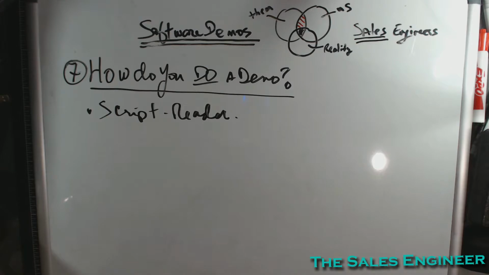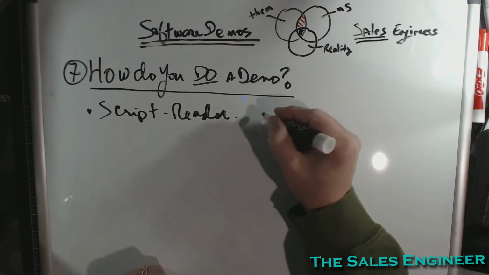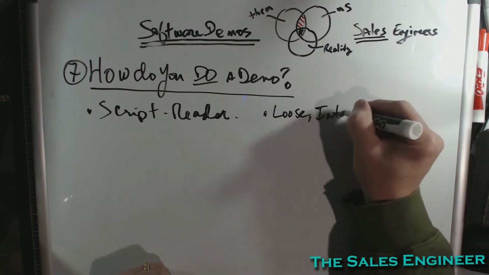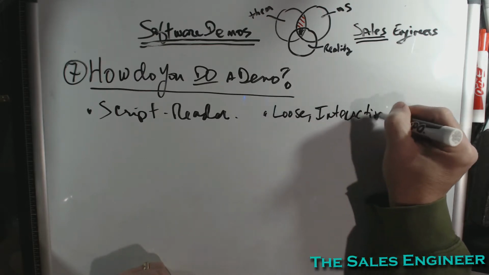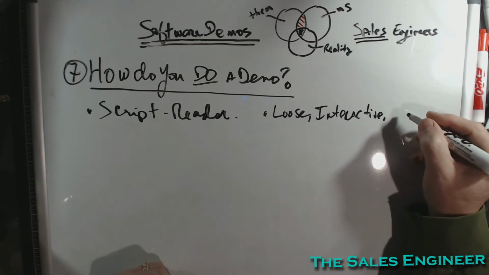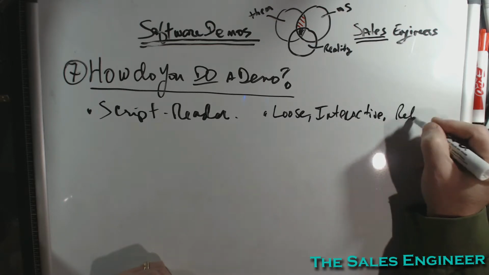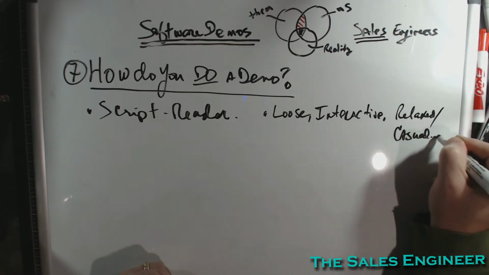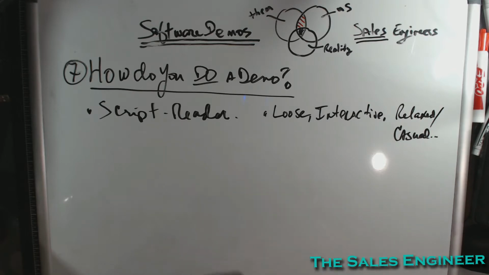So you can work things in to help there. I like things like describe as loose, interactive, almost like relaxed. It's a hard one here. Relaxed casual, but not relaxed casual.